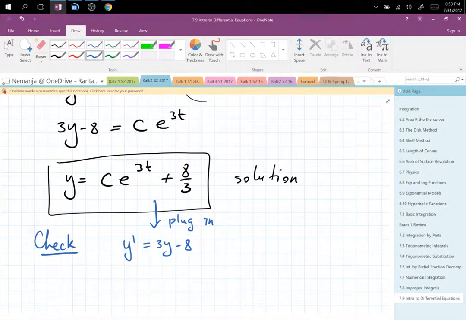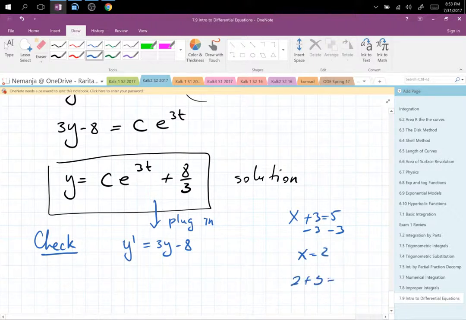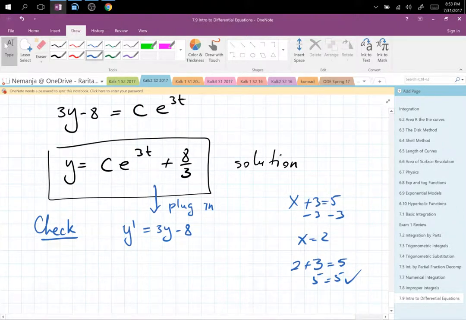You know how when you solve x plus 3 equals 5, minus 3, x equals 2, and then if you cared, you check 2 plus 3 is 5, 5 equals 5, we're good, right? You are doing exactly the same thing, except now you get to plug in functions, not numbers. So clearly I have to plug in the derivative, which means differentiate this thing, and then plug in the solution, which is y.